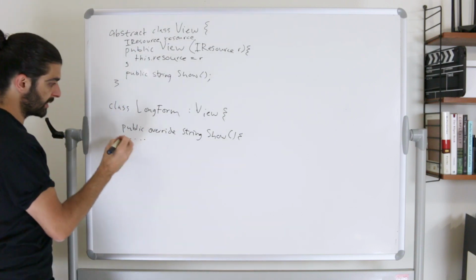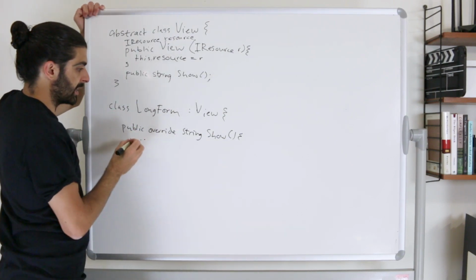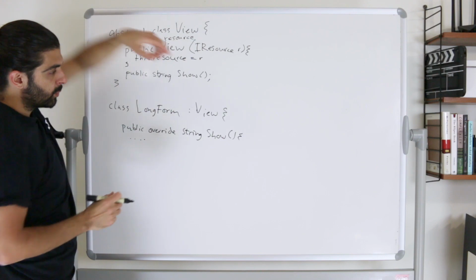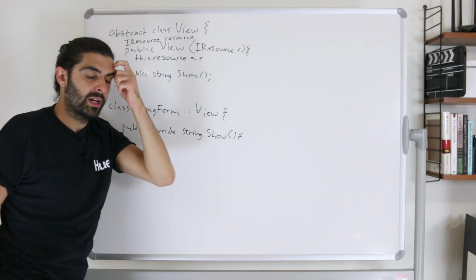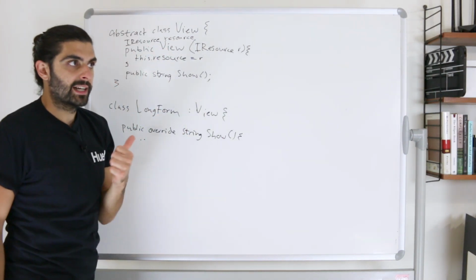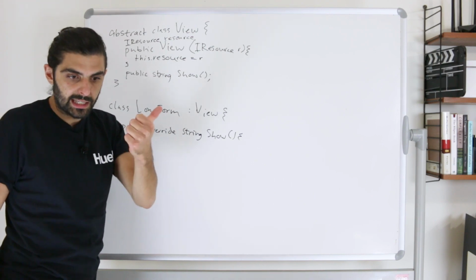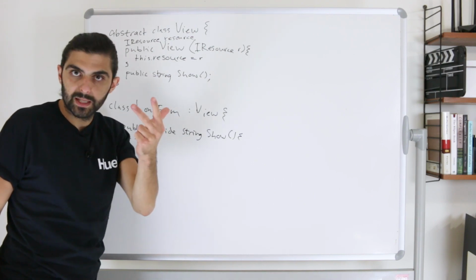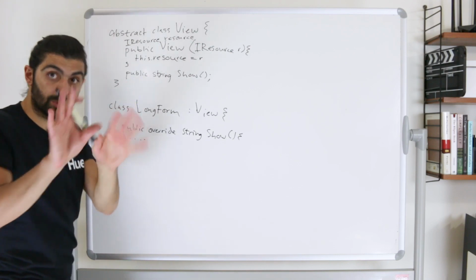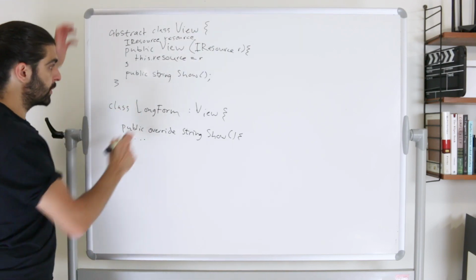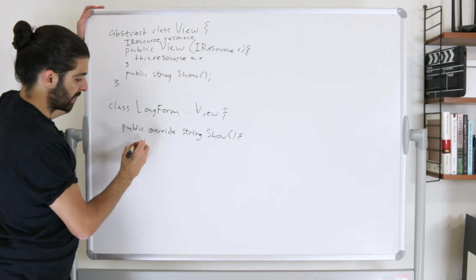But the key point, right? The key point of what happens here is that the long form would access, if I remember correctly from the image we drew before, the image, the title, the snippet, and the link. I won't put out all of these, but let me just put one so that at least we've touched upon one of them.